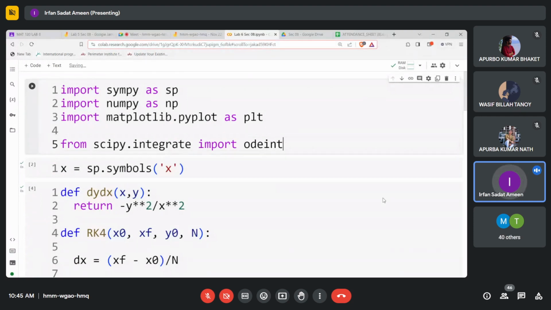It's ODEINT, the name of the function, and the package is scipy.integrate, যেটা থেকে যে quad আমরা ব্যবহার করেছিলাম the last class. So এটা লাগবে, let me run this.